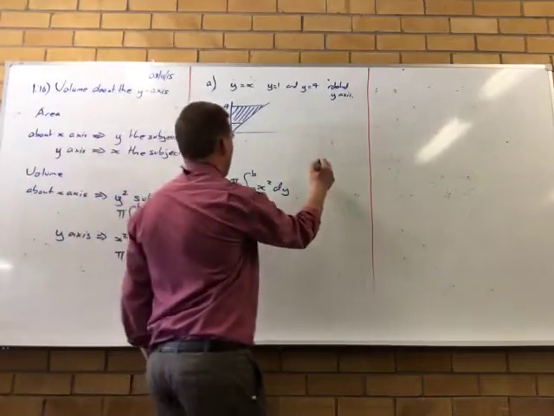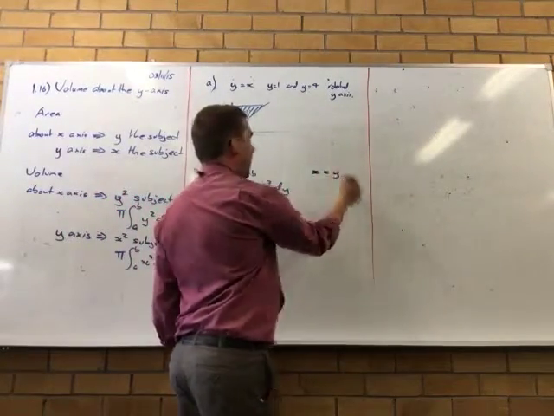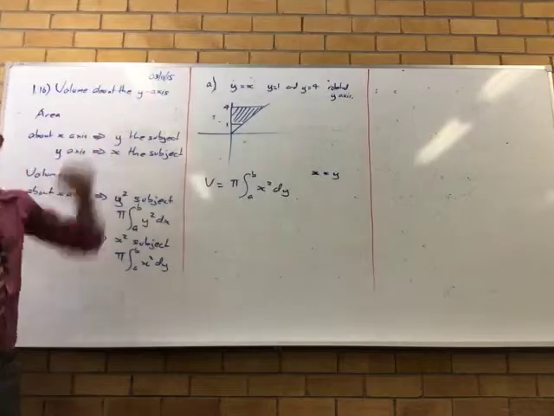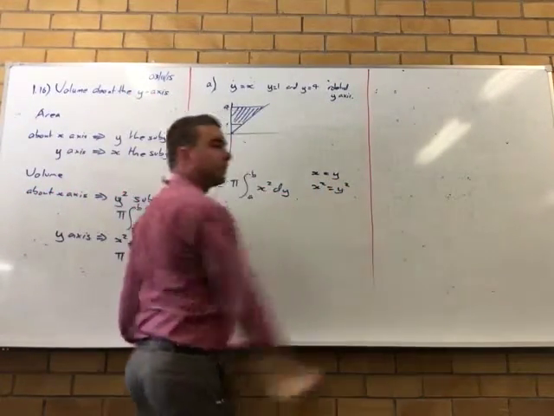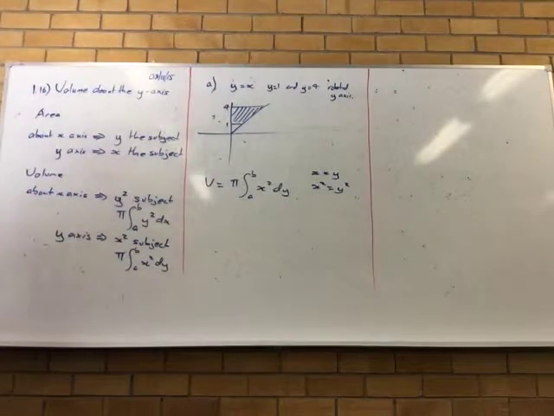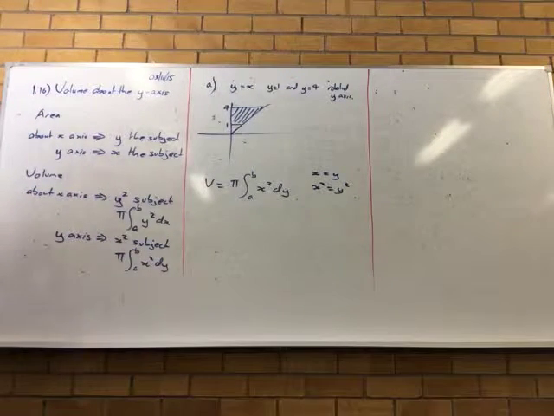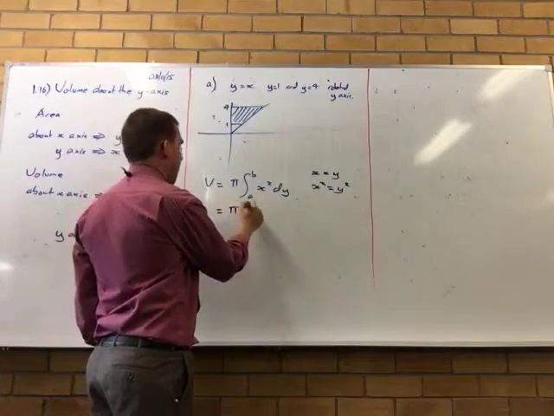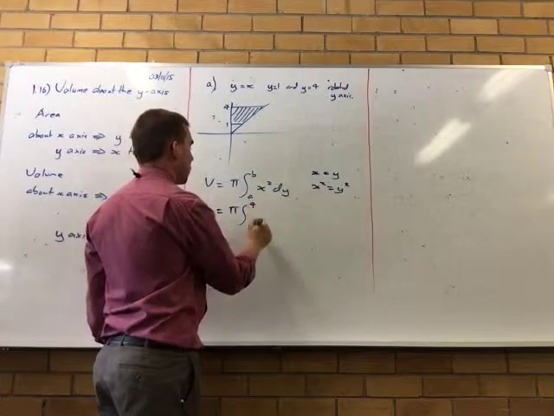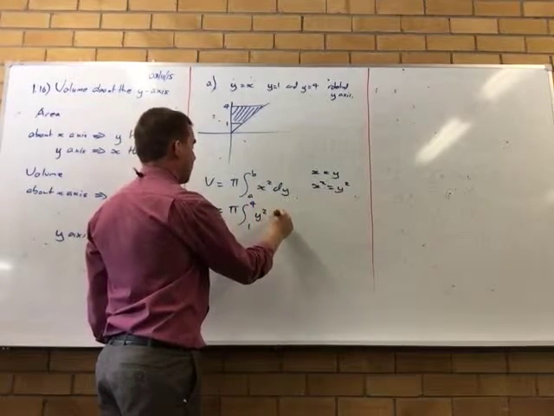So x equals y. Nice and simple there. So x squared equals y squared. Effectively, we're finding the area of a parabola between 4 and 1, and we're rotating it around the axis. So pi, the bound from 4 to 1 of y squared dy.